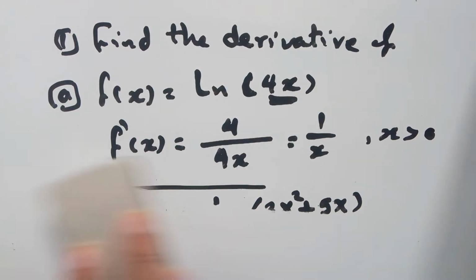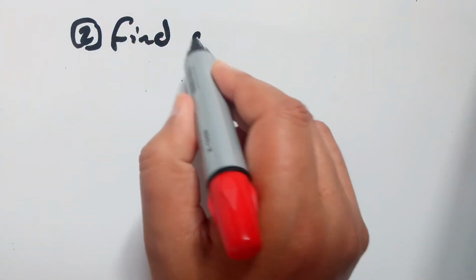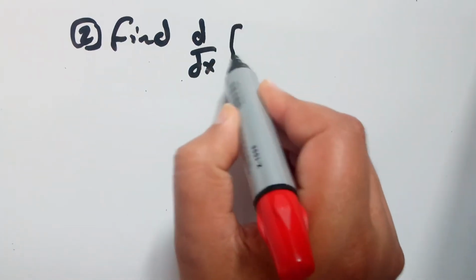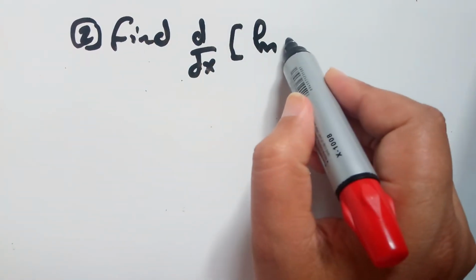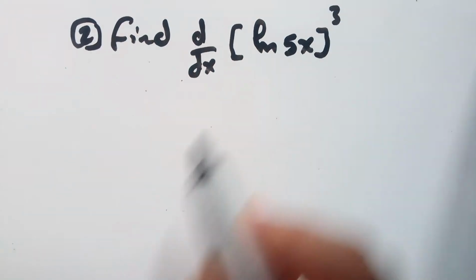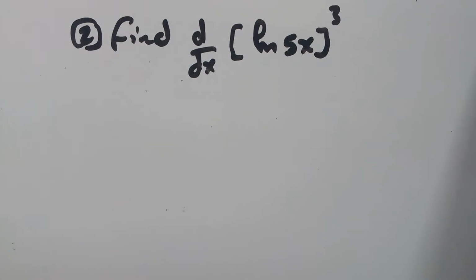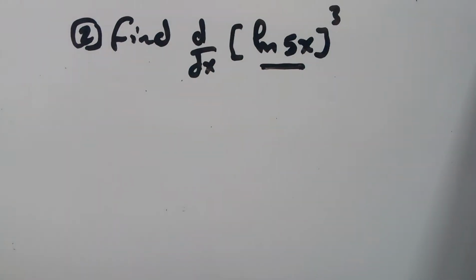Now, how to use the same rules to get the derivative for number 2. Find d/dx for ln 5x all to the power 3. Now here we have ln 5x as u to the power 3.